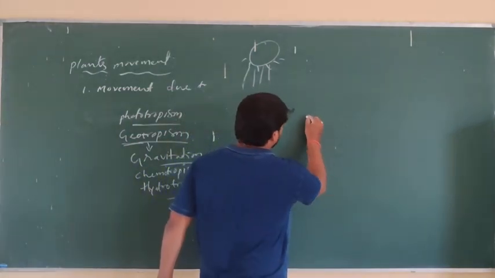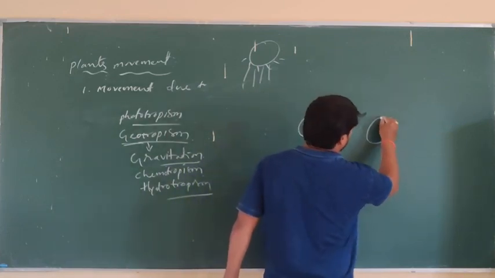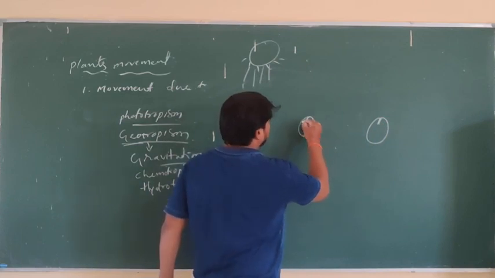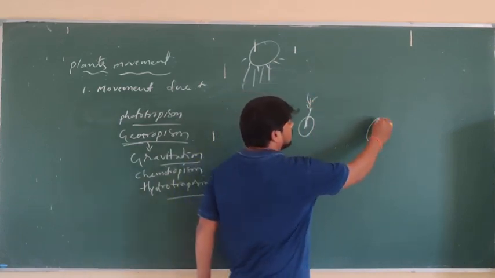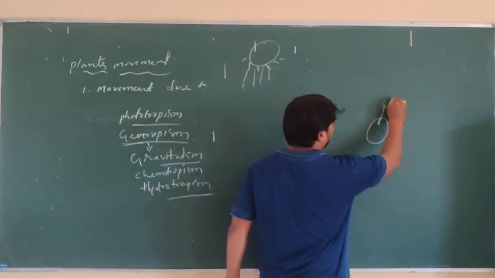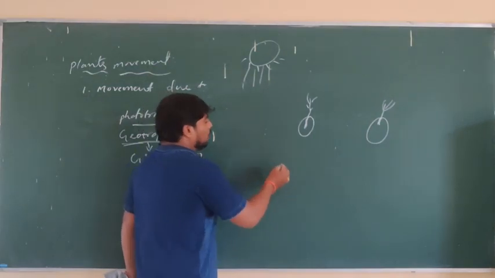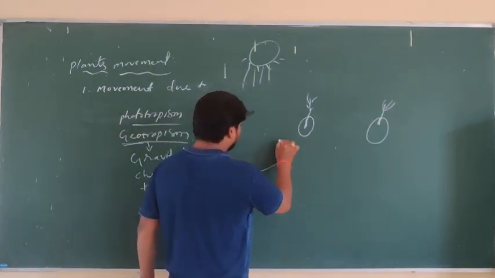Now this is a small seed we have planted, and this is another seed we have taken. From this seed we have a seedling, and from this also a seedling is occurring. Water is present in this area.